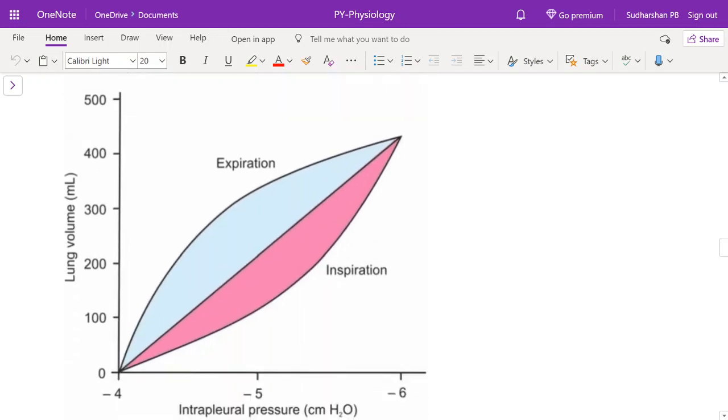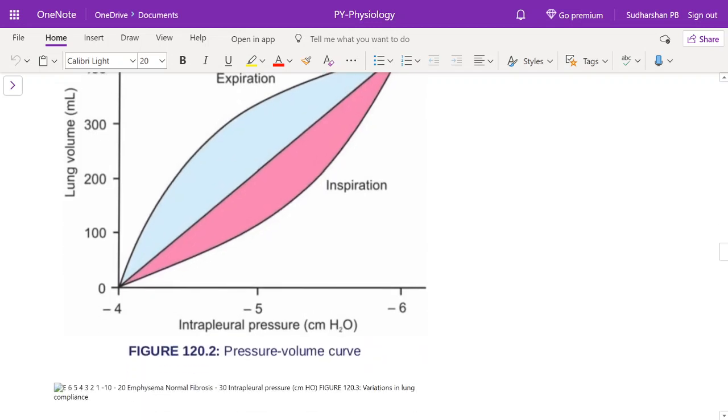Now it is measured by the PV curve or the pressure volume curve. We have seen one more curve like this before. In the renal system, we have the cystometrogram, where there also we have a pressure volume curve to measure the micturition in the bladder, right?